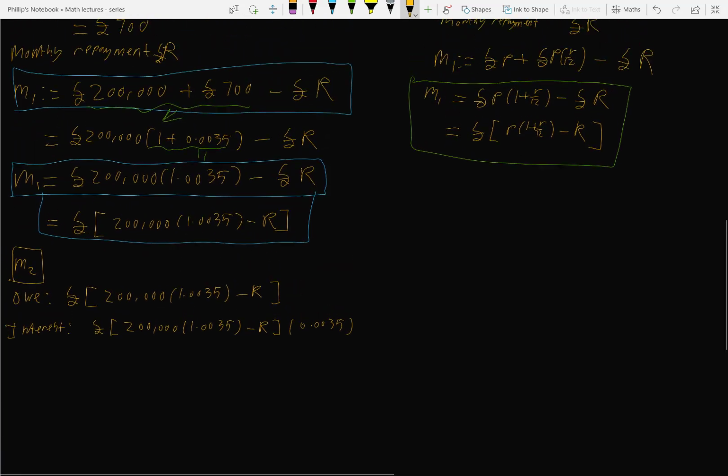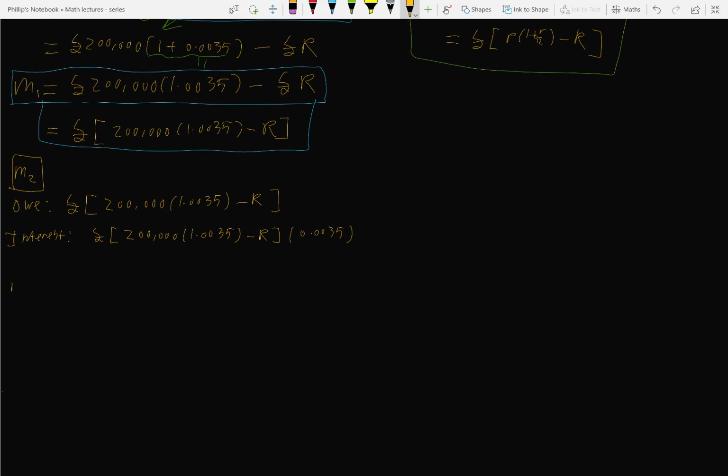And then M2 is going to be equal to, so let's have a look at what that means. We're going to have to add both of these together: what we owe plus the interest. We've got a common term, which is this.